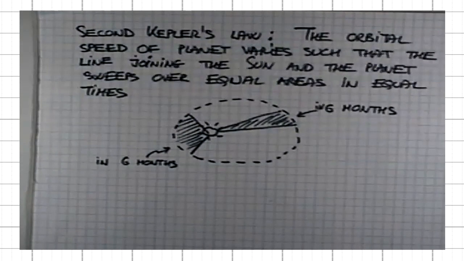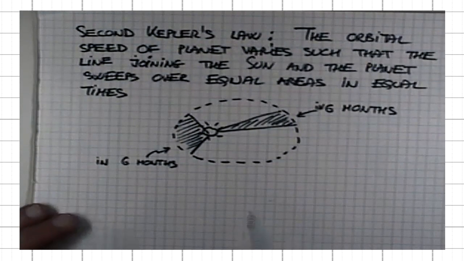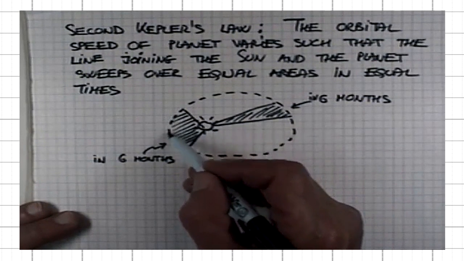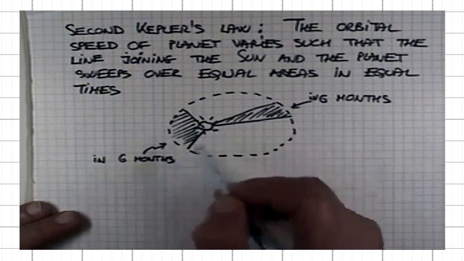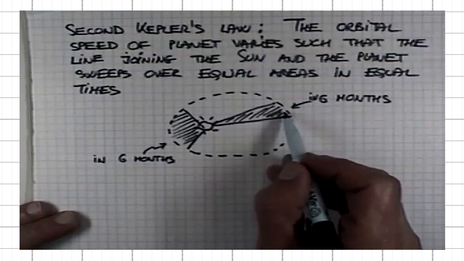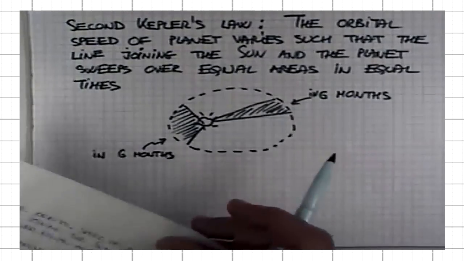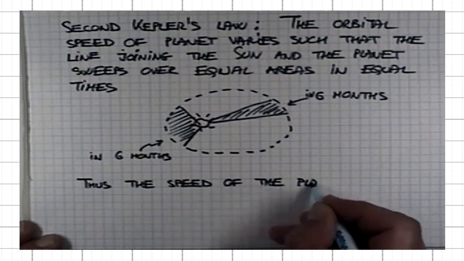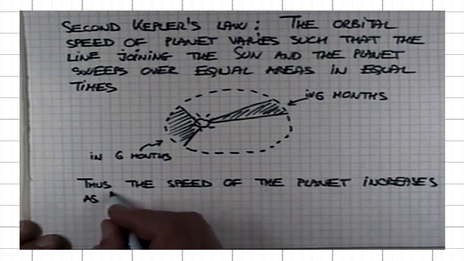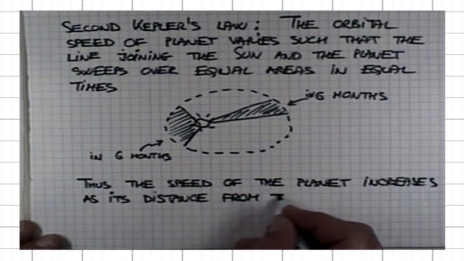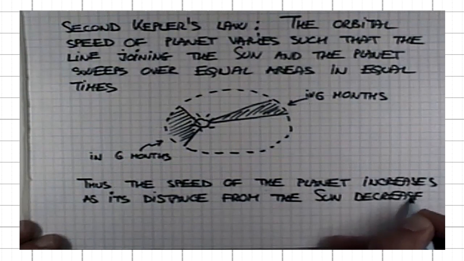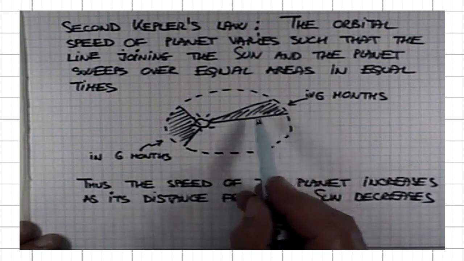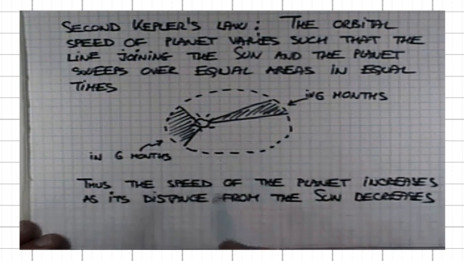The only way that can be the case is if closer to the sun, the planet travels longer distance in a given time, 6 months, than here. And vice versa. The speed drops as the distance from the sun increases.